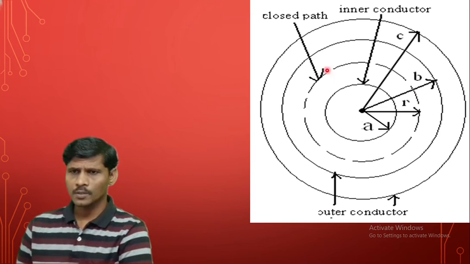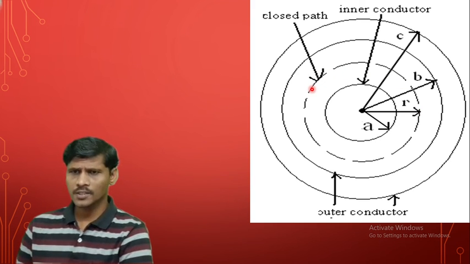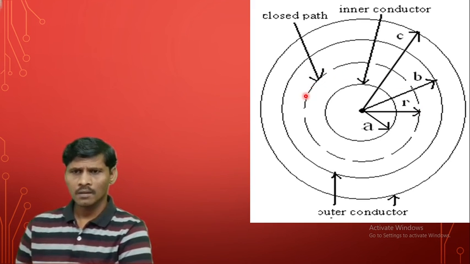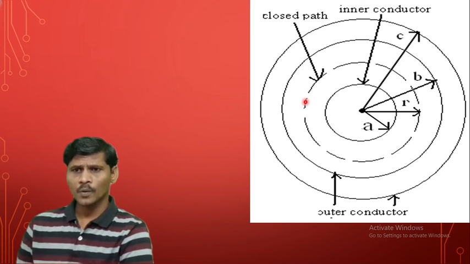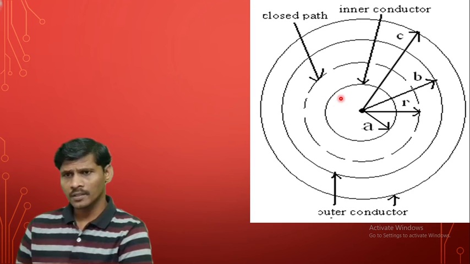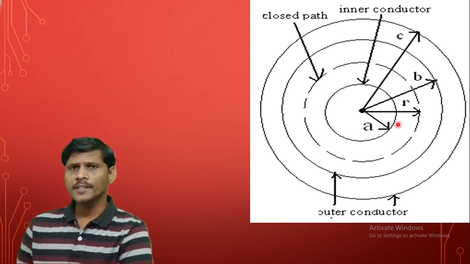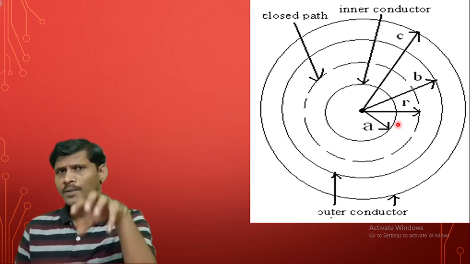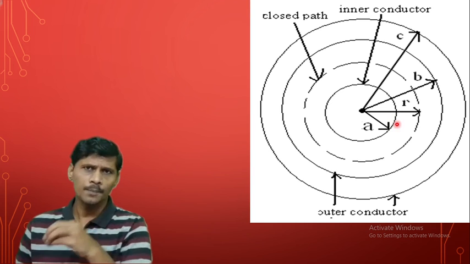Consider the Amperian path between A and C. At any point P on the Amperian path, since the inner conductor is considered as an infinite conductor, the magnetic field intensity due to the infinite straight conductor is H bar equal to I by 2 pi r into a phi bar.